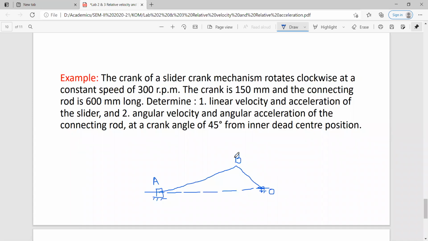OB is the crank and AB is the connecting rod, and point A is the slider point. It will slide, it will reciprocate in a horizontal path like this, and the crank will rotate.